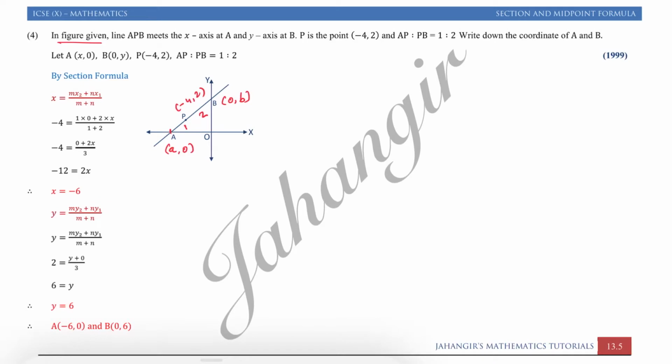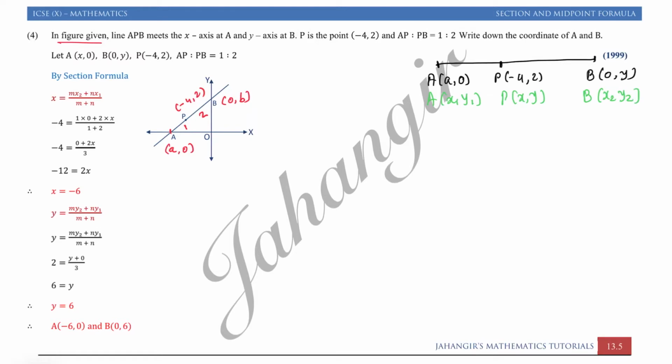I will make a new diagram over here with a straight line so that it's easy to understand. Let's say A has the coordinate A comma 0. P is the point whose coordinate is minus 4 comma 2, and B is the point on the y-axis, that is 0 comma y. If you just write it down, this is A, x1, y1, this is P, x comma y, this is B, x2, y2. So here I will use the same formula, the section formula.